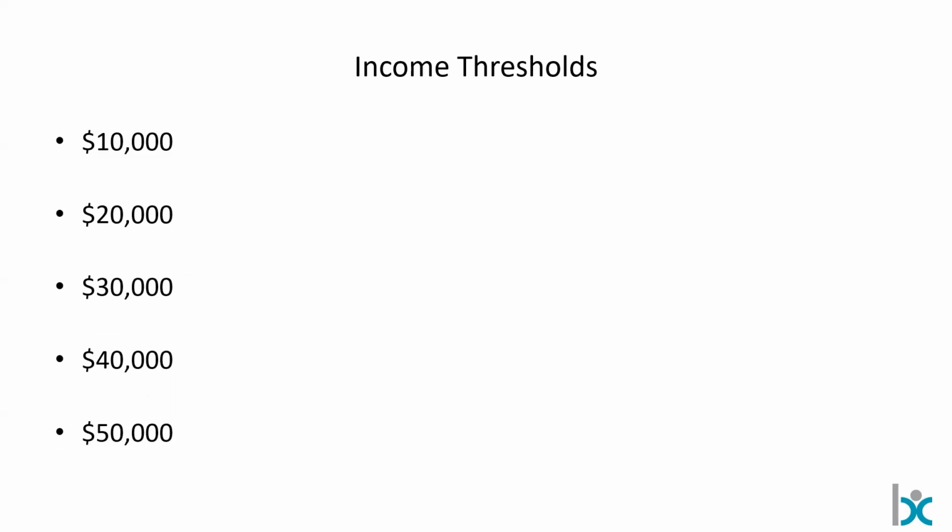Now, that being said, we can do a fair bit here. Let's say I have somebody who's making around $30,000 to $40,000 a year. Any thoughts about any thresholds that we hit in that range?